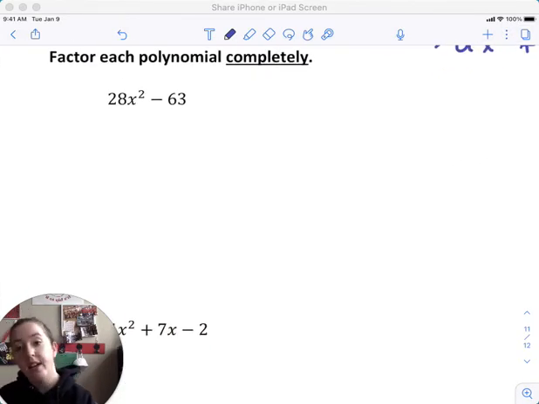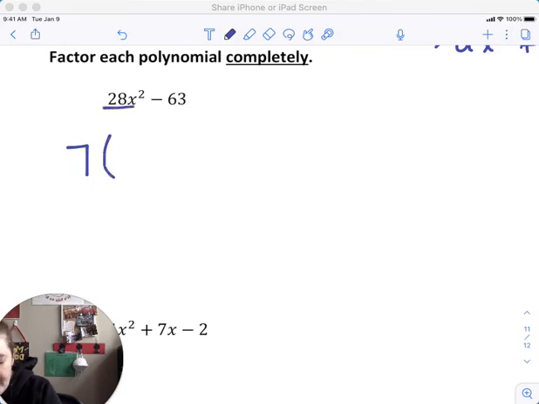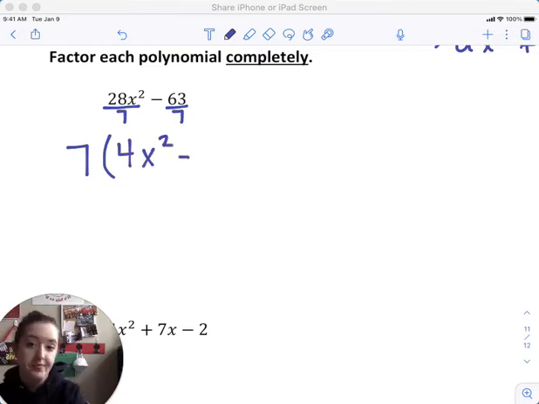Do we have a greatest common factor with 28x squared and negative 63? Yeah, my greatest common factor is going to be 7. So I'll divide both of these terms by 7. 28 divided by 7 is 4. x squared, then there's a minus. 63 divided by 7 is 9.